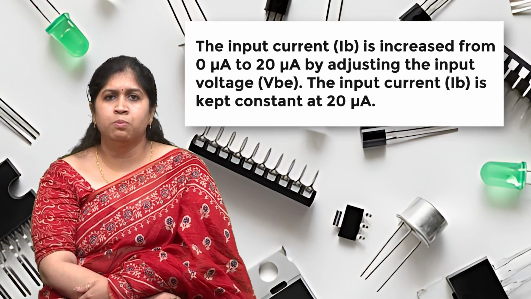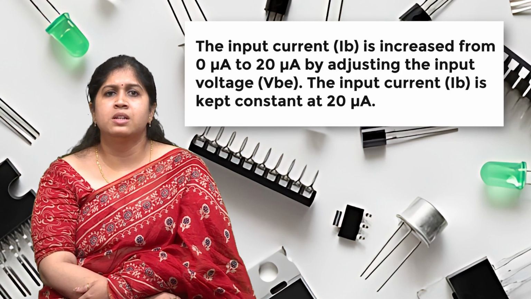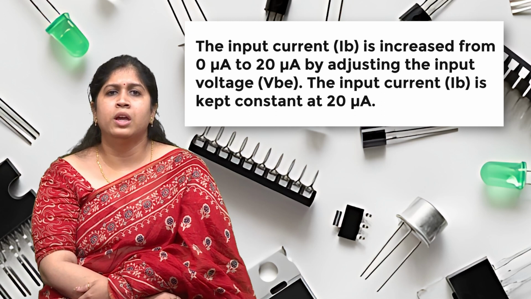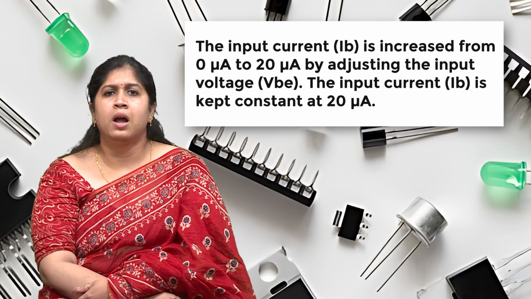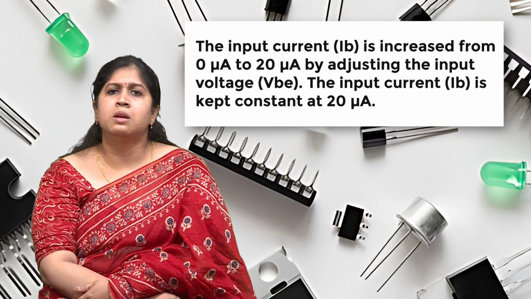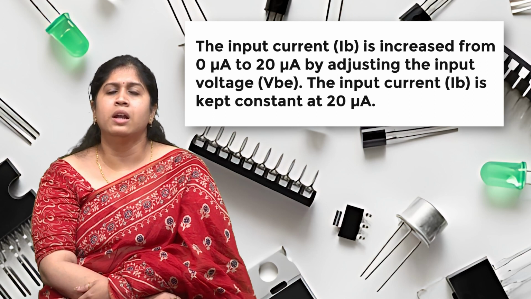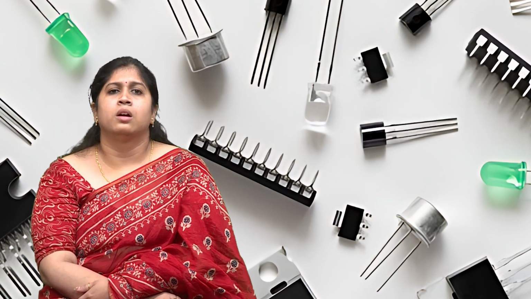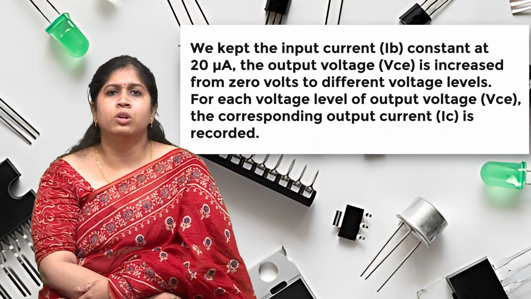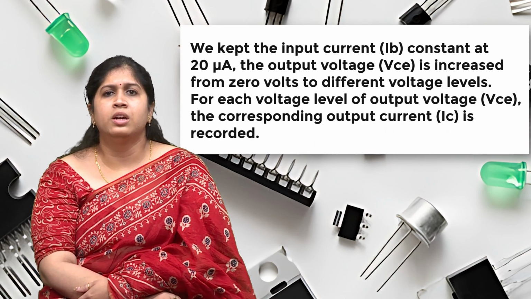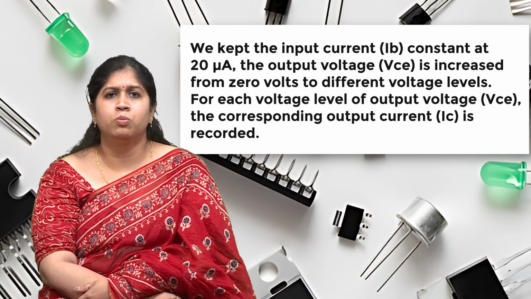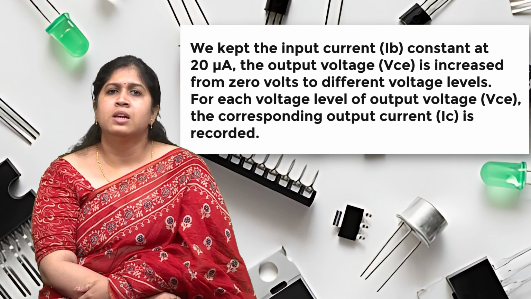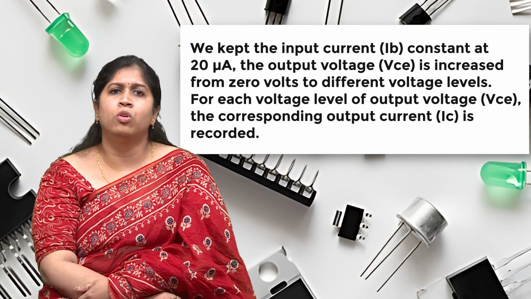Next, the input current IB is increased from 0 µA to 20 µA by adjusting the input voltage VBE, and IB is kept constant at 20 µA. The output voltage VCE is increased from 0 volt to different voltage levels.